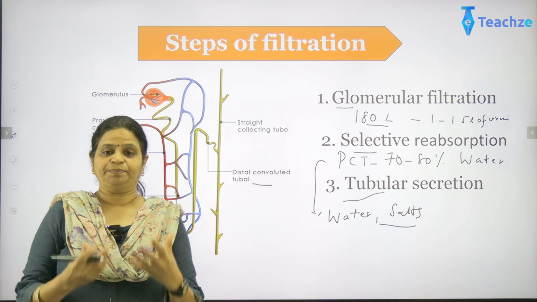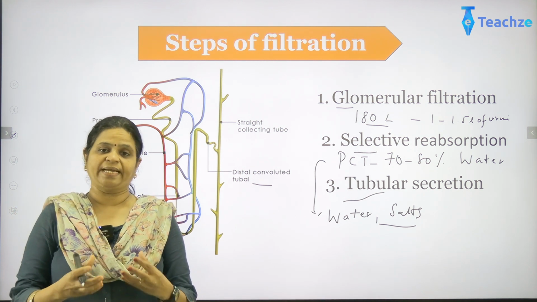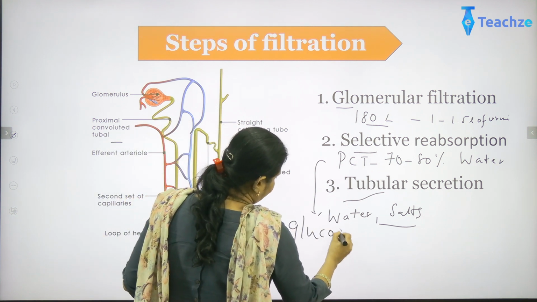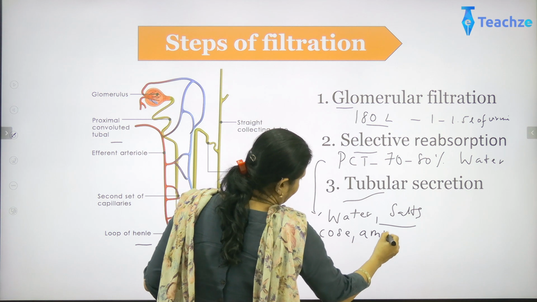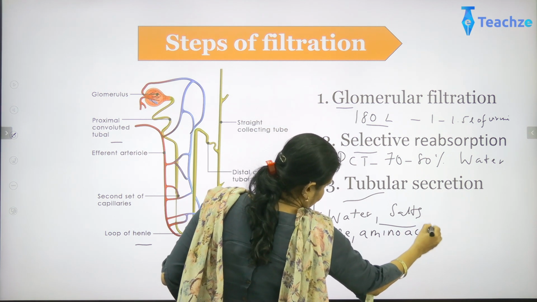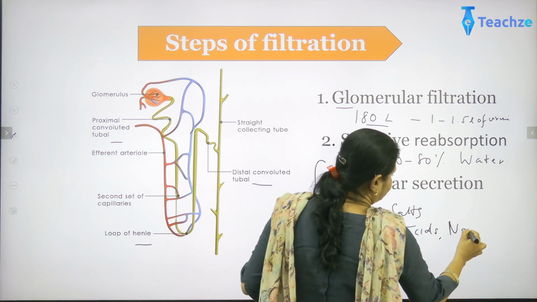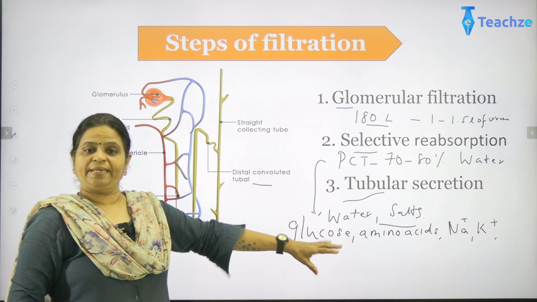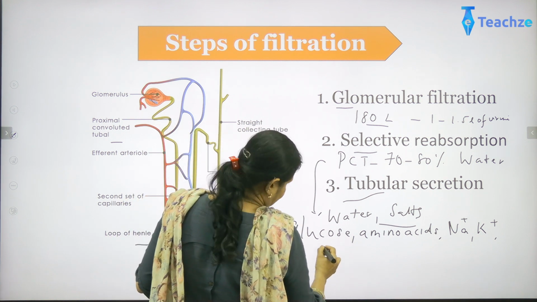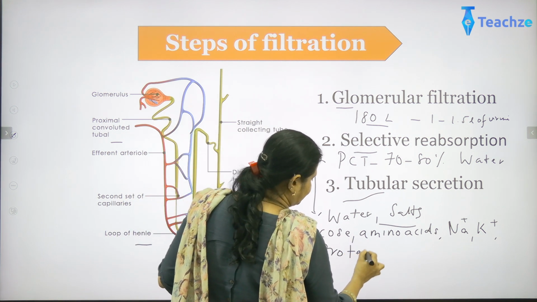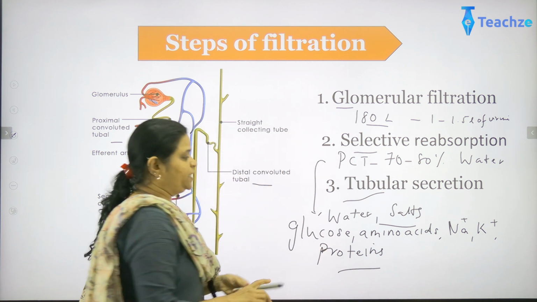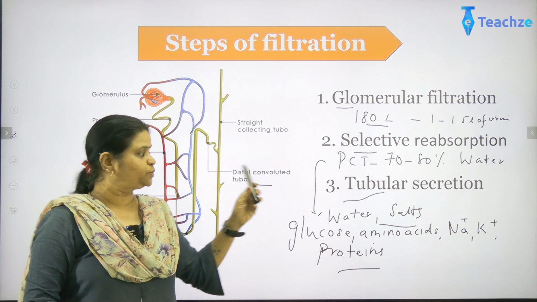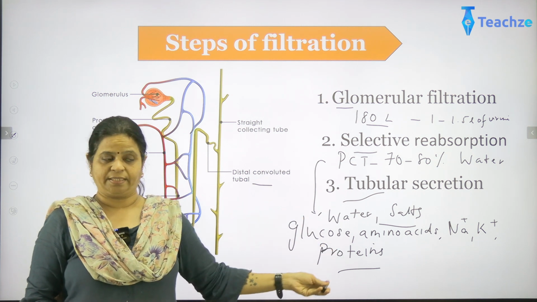Now what are the substances we are talking about? We said reabsorbed. The filtrate contains glucose, amino acids, sodium and potassium ions, and even a little bit of other substances, the proteins. We see all that in the filtrate. These substances are reabsorbed, and some of them are excreted through the urine.